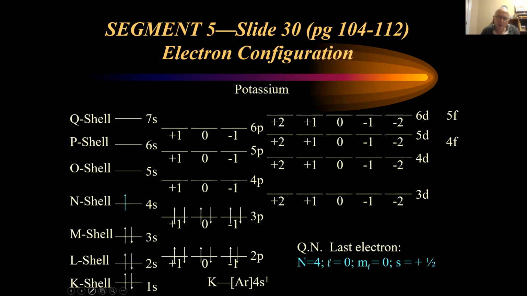We can take care of all of those electrons except the valence one just by writing argon as the core. And that still gives us a nice picture of group 1A: helium core with 1 electron for lithium, neon core with 1 electron outside for sodium, and now argon core with 1 electron on the outside for potassium.